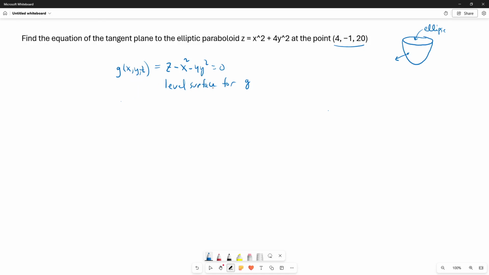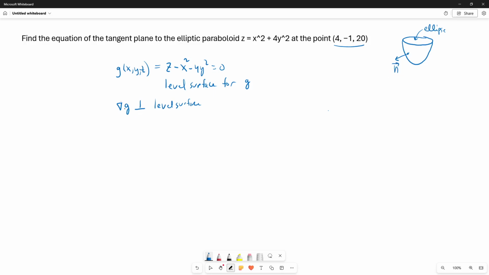What we know about level surfaces and perpendicularity is that the gradient of g will be perpendicular to the level surface. And that's how we're going to get our normal vector for the plane.